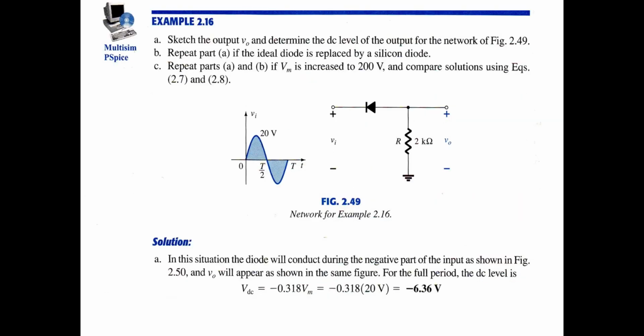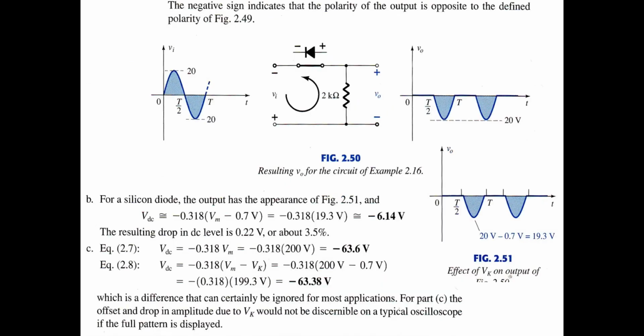If we connect the diode in reverse bias like this, what happens? In the positive cycle, there is no current because the diode is reverse bias, and in the negative cycle, it is forward bias. So this configuration can conduct current in the negative cycle, and we get the output waveform like this.